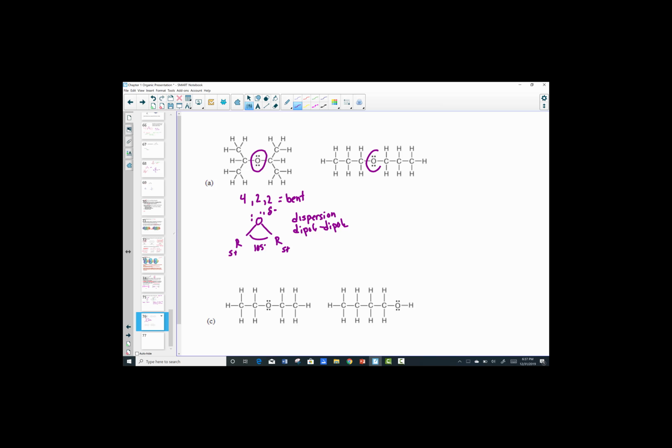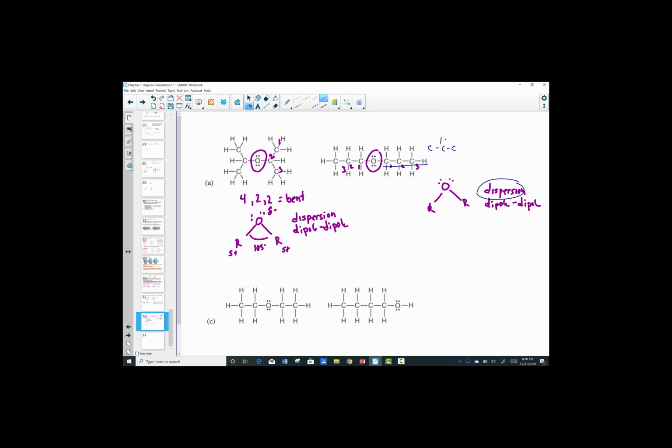In this compound, we still have the oxygen bonded to R groups. This R group contains 3 carbons. This R group contains 3 carbons. So did these over here. So we can see that this exhibits dispersion and dipole-dipole. So we need to consider other things. For instance, the larger the surface area, the greater the dispersion force can be. Notice that this is a straight chain carbon.